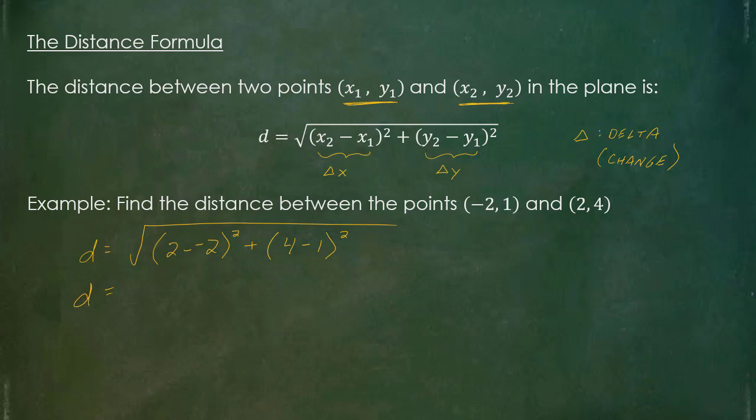At this point I simplify each of those. 2 take away -2 would turn into 2 plus 2, so that would be 4 squared. 4 take away 1 would be 3 squared. 4 squared gives me 16, 3 squared gives me 9. If I add those together, I get 25. And that's nice that it came out as a number that's easy to take a square root of, so the distance between those 2 points would be 5 units.